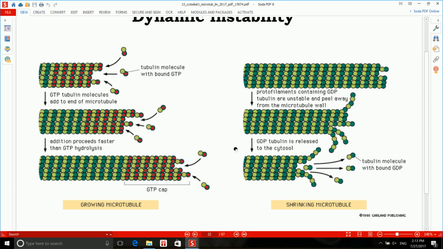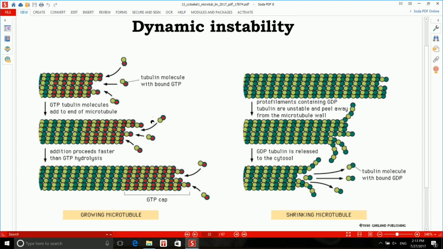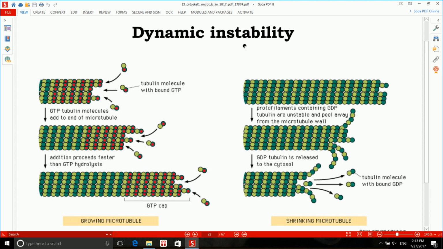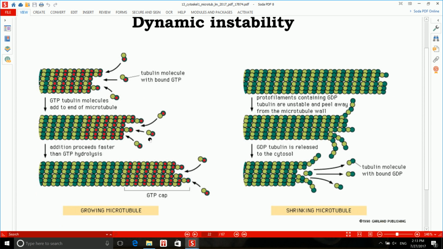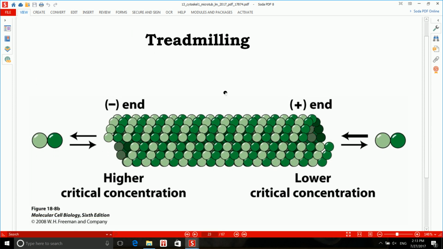There is a positive end and a negative end to these filaments, and this polarity will help them to shrink from a specific side and grow from the other side, and that will lead to treadmilling of these filaments.